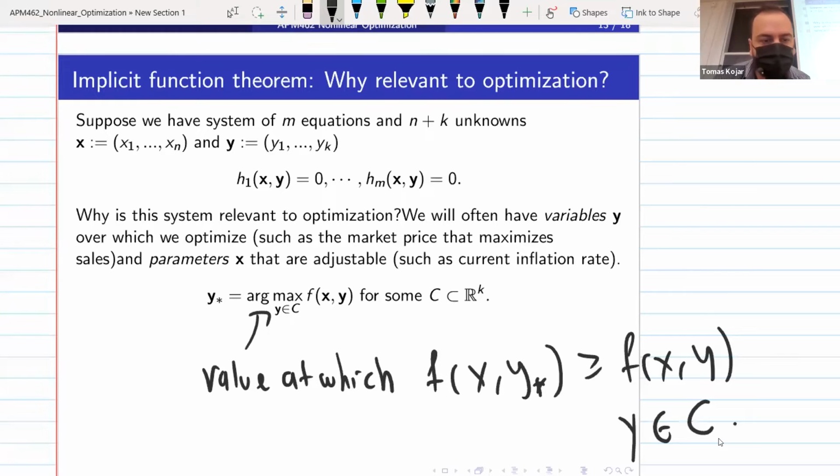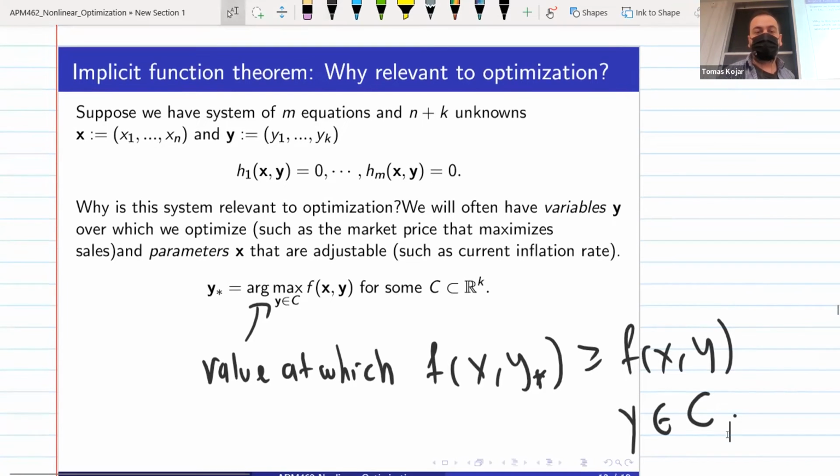Zoom people? All right. So it gives you back the extremum, where the extremum value happens. That's y star.